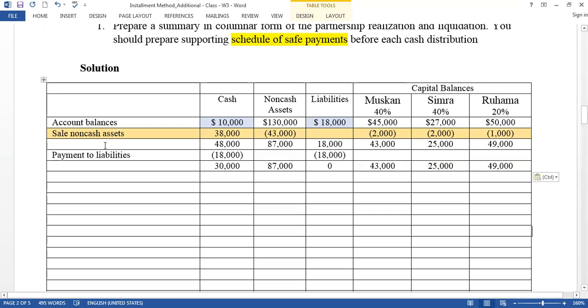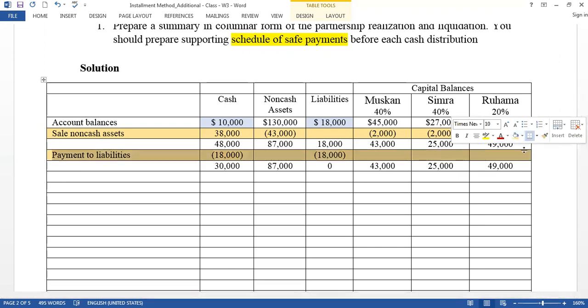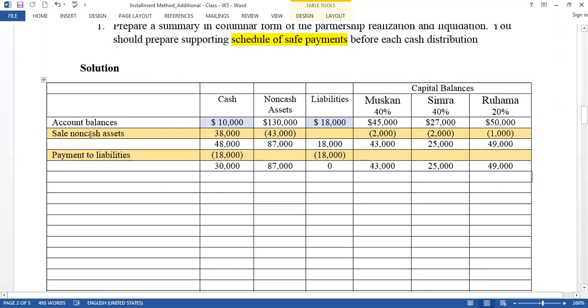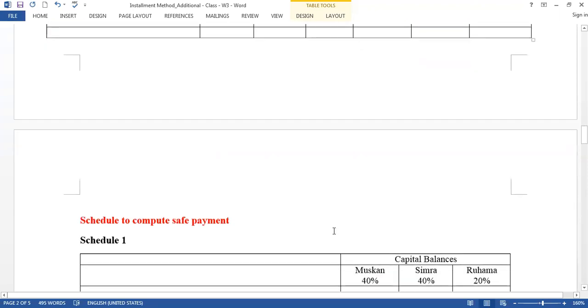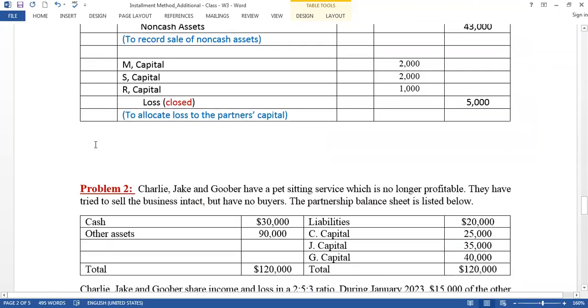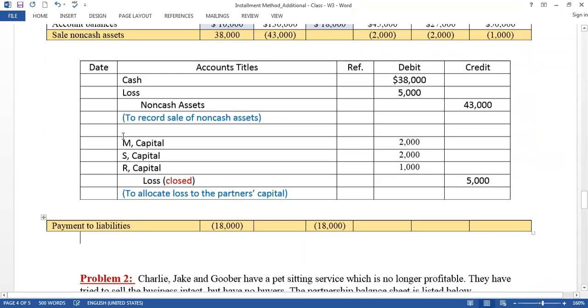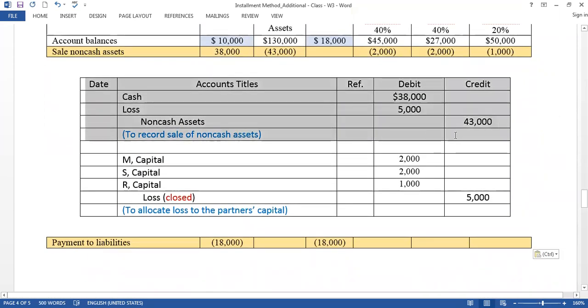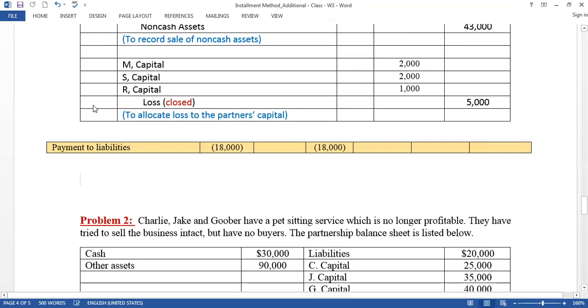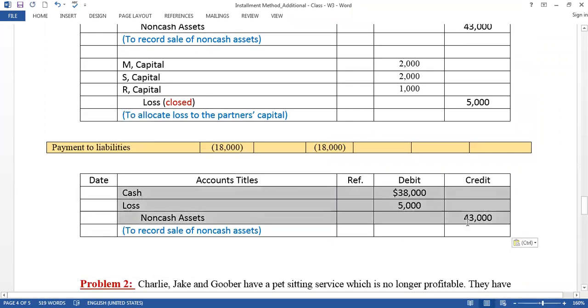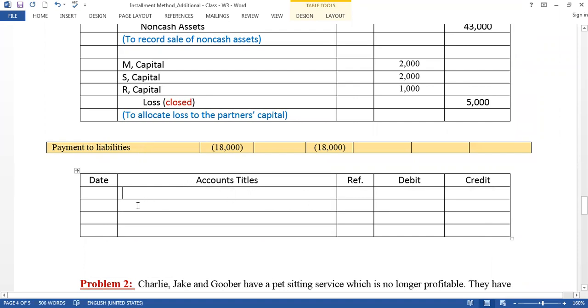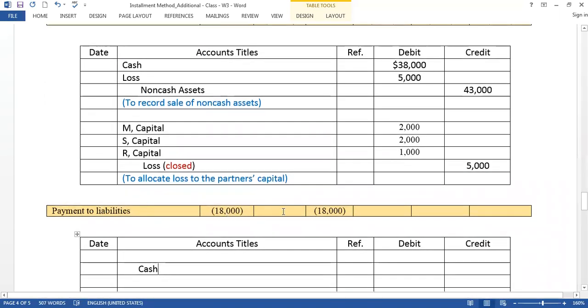Yes. Now I'm going to show the journal entries for this one. Payment to liabilities. So we pay cash credit $18,000.